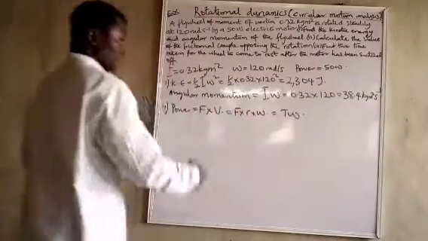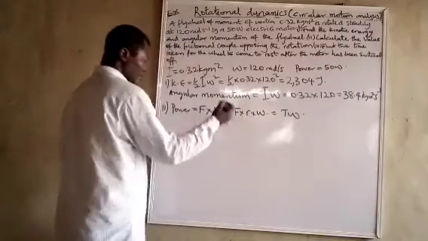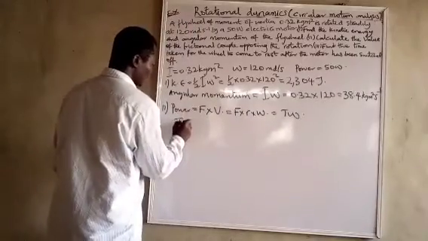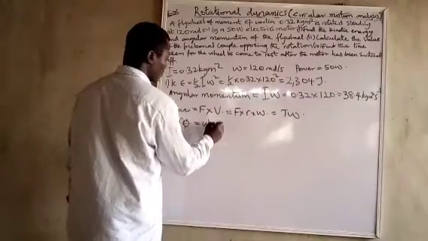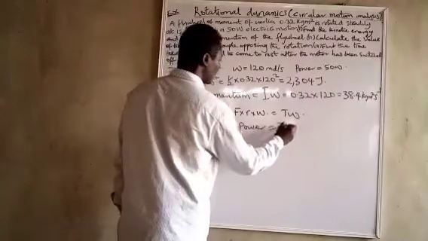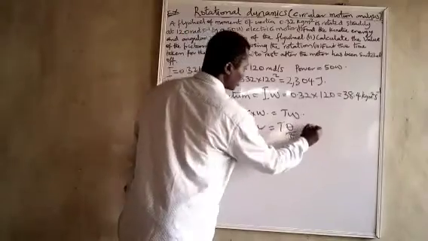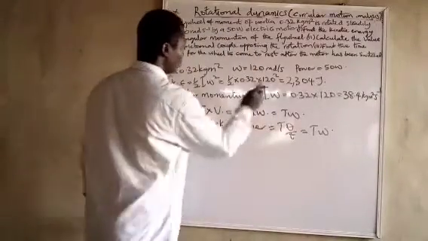Even from power, from work over time, work is T theta, where theta is the angle. So power is T theta over time, which is T omega. So we have gotten our value for power now.